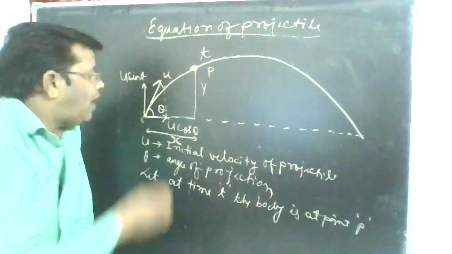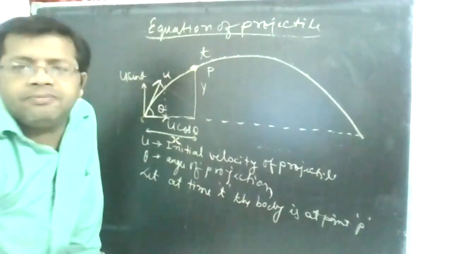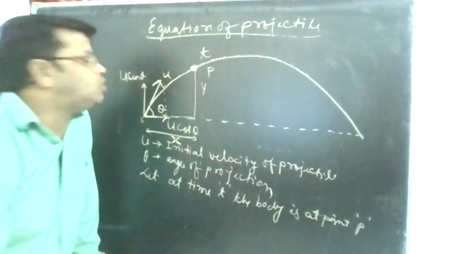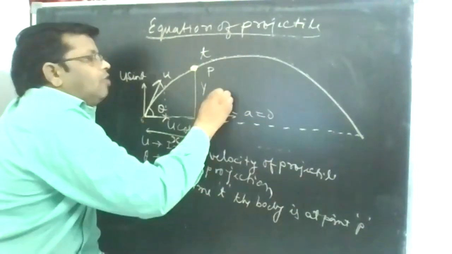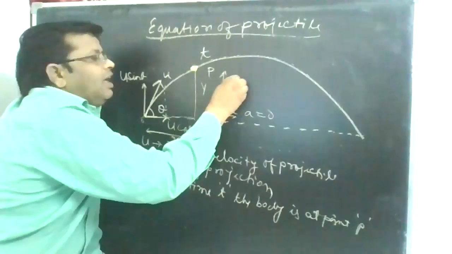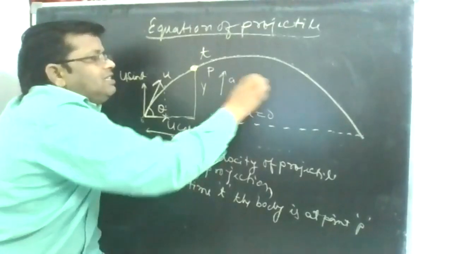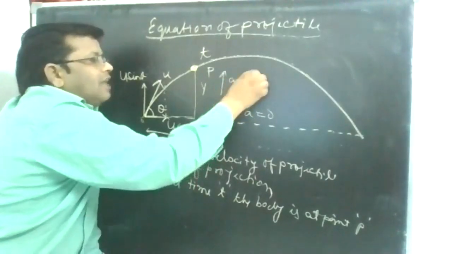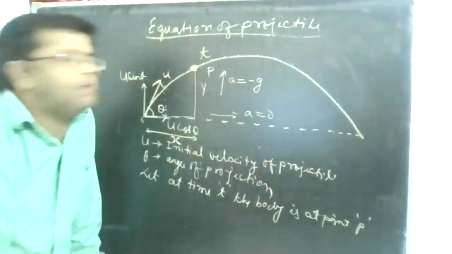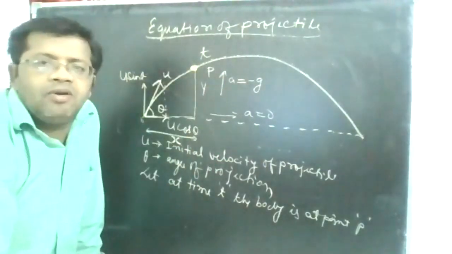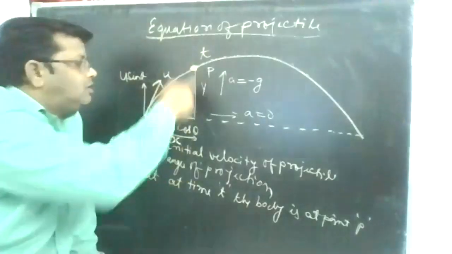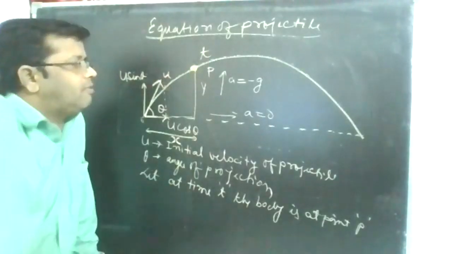Now you know that along the horizontal direction there is no acceleration. Along the vertical direction, a is acting, minus g. That is, acceleration is acting vertically downward, because if any mass is there, then this mass will always be attracted by the earth towards the center.